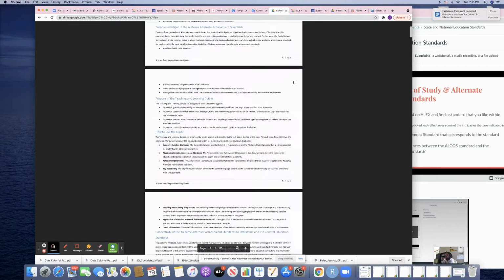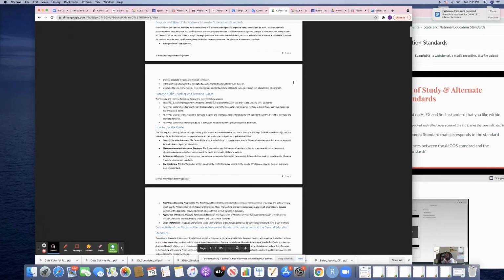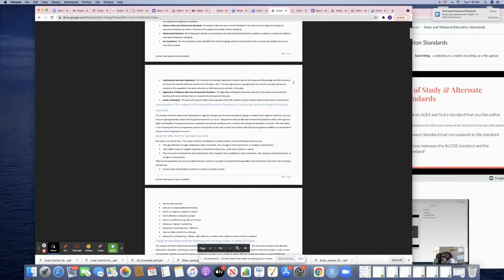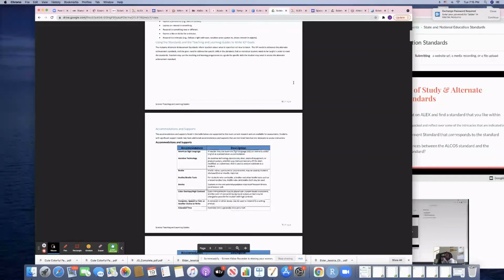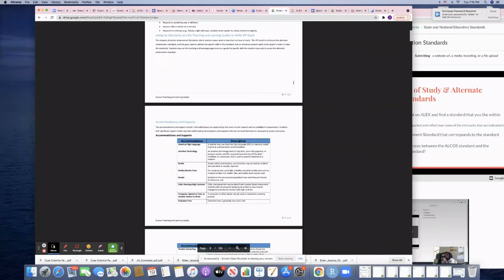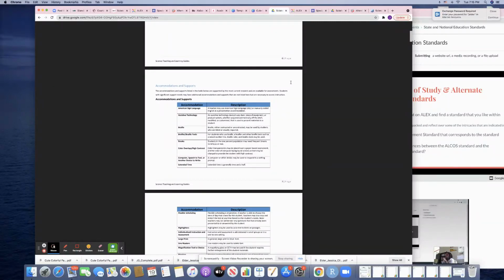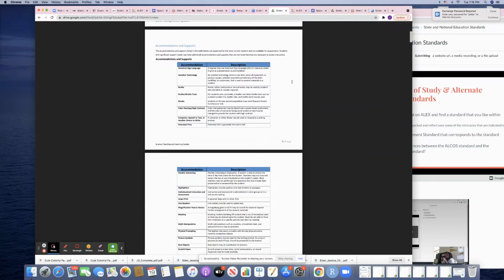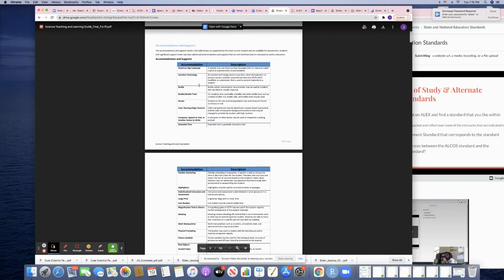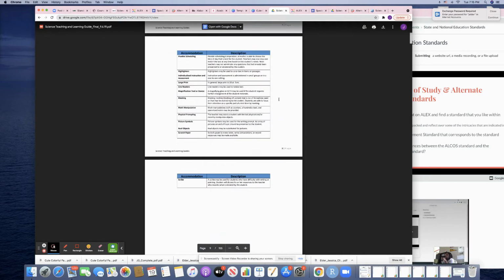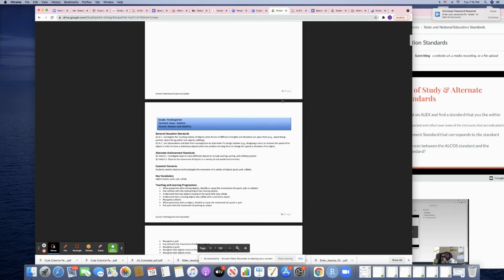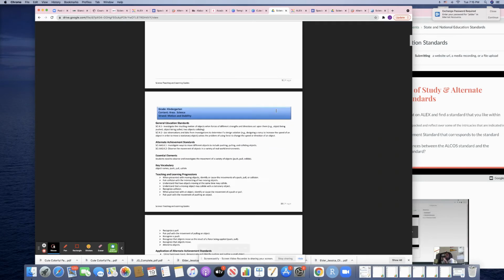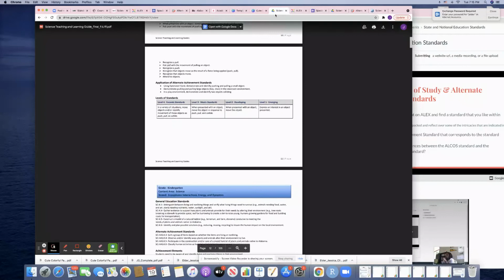And this is just a tool for teachers to be able to better connect and help maybe their special needs students, or students with different accommodations, maybe it's an IEP, maybe it's a 504. This is a tool that you can use when assisting those students.